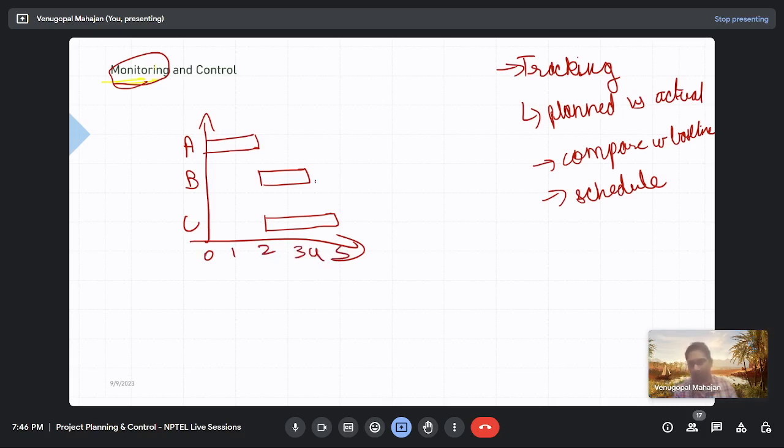So suppose the activity A, what you have drawn on the bar chart, is the planned progress. Just below that we can draw one more bar, like actual progress. So what is the actual progress? You tell me. And how will you measure it?